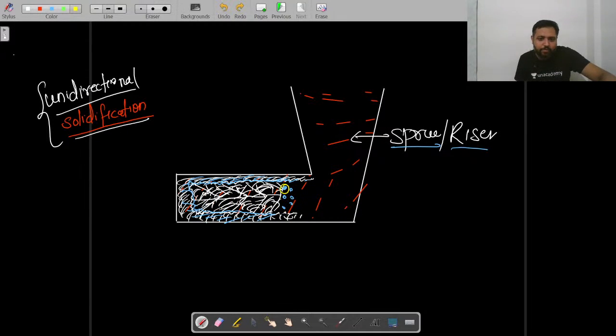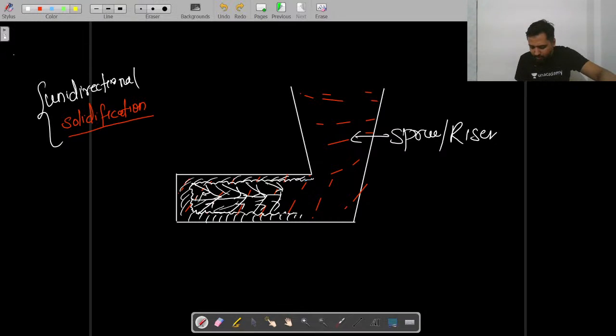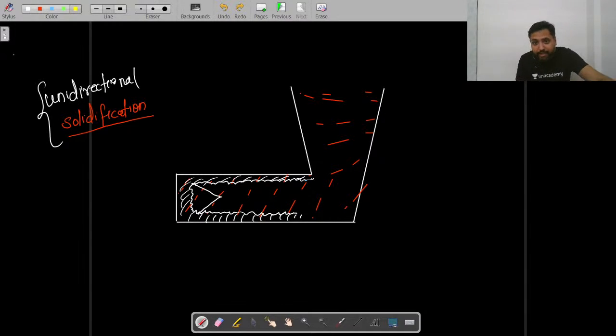So as these solidification fronts are forming and moving towards the sprue or the riser, let me just show you. Here this is like a riser, or it can be a sprue even.